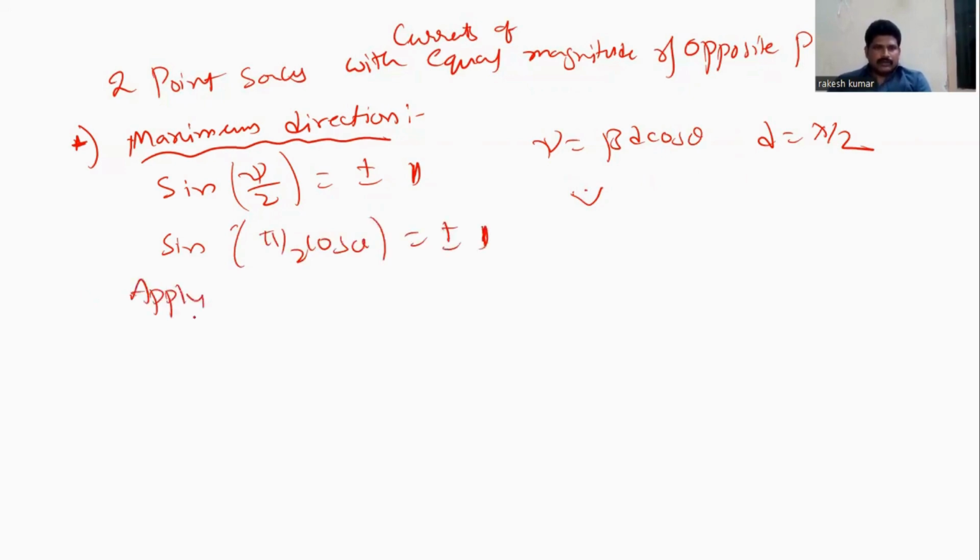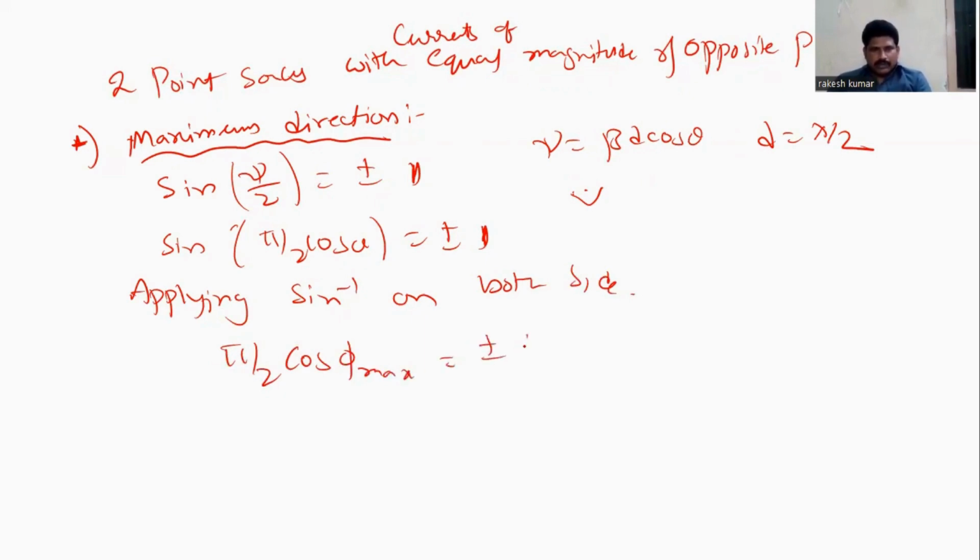Applying sine inverse on both sides, we get pi by 2 cos theta max is equal to plus or minus pi by 2. The pi by 2 will get cancelled, so cos theta max is equal to plus or minus 1.